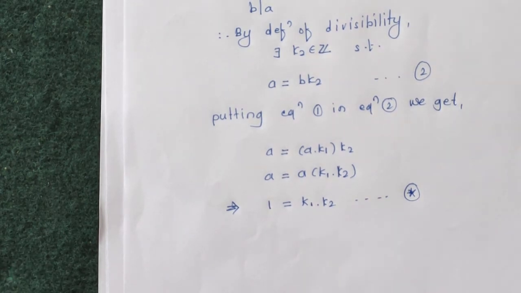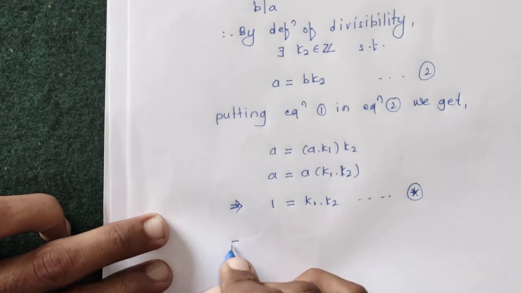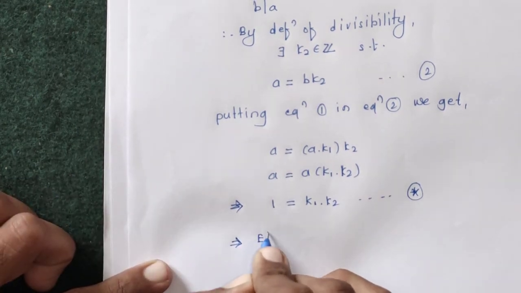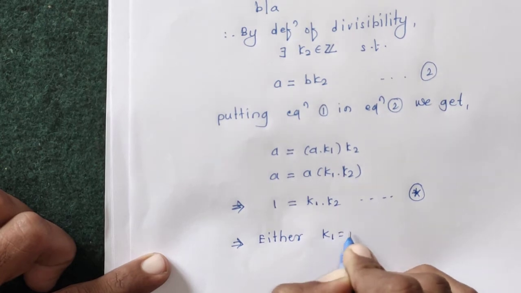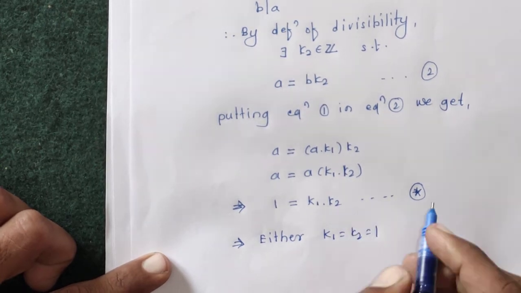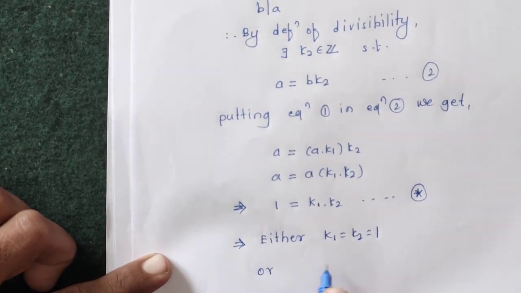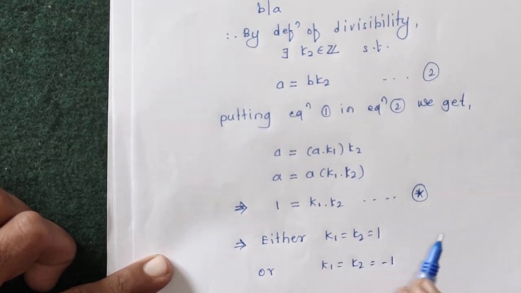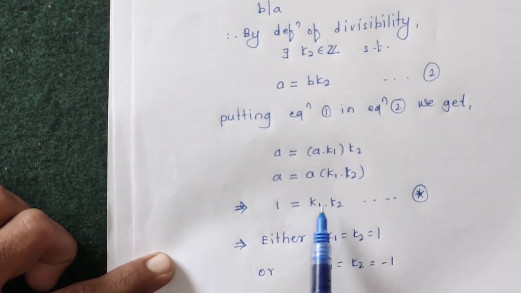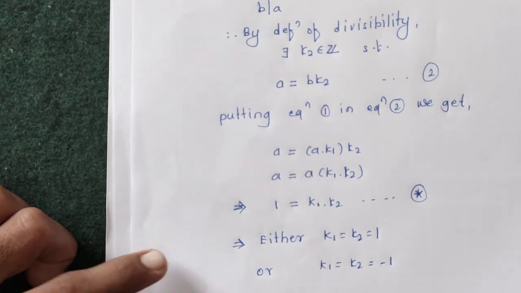So there are two possibilities for k1 and k2. This implies either k1 is equal to k2 is equal to 1 or k1 is equal to k2 is equal to minus 1. Either both are equal to 1 or both are equal to minus 1.